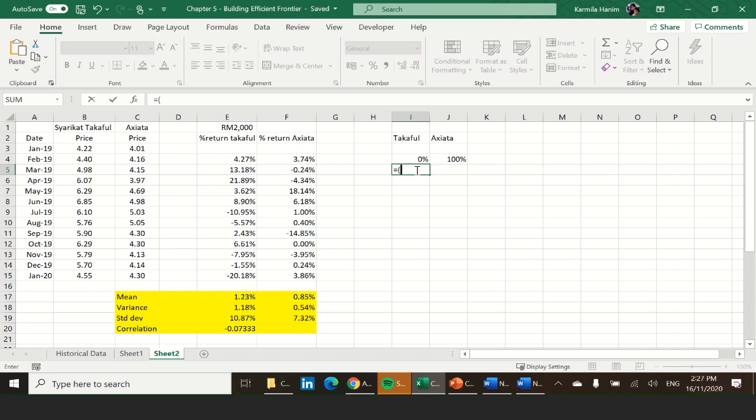And let's say the second portfolio we increase by 10%.